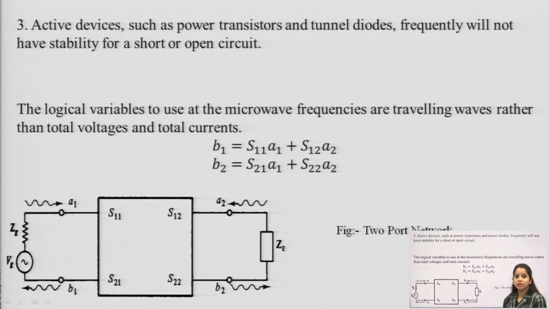These are the 3 reasons why we are not using the H, Y and Z parameters at microwave frequencies, and we have to switch to the next level of parameters, that is the S parameters.